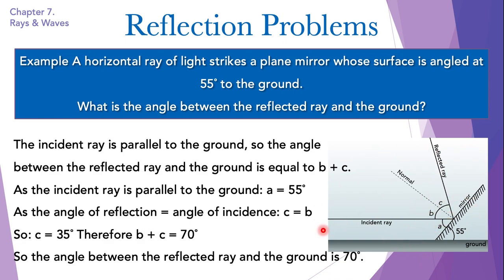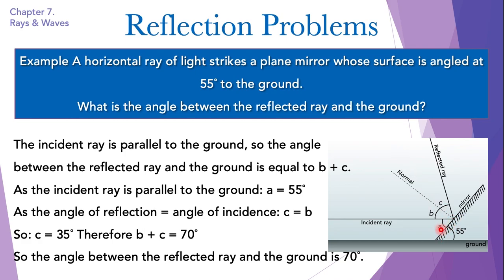This was such a cool question, wasn't it? And an interesting way of finding the answer. We know the angle of the incident ray because we know the angle of the mirror from the ground, and because the incident ray is parallel to the ground, the angle of A is going to be equal to the angle of the mirror, which is 55 degrees. Every normal line is at right angles to the surface it is acting on, so B plus A would be equal to 90 degrees.